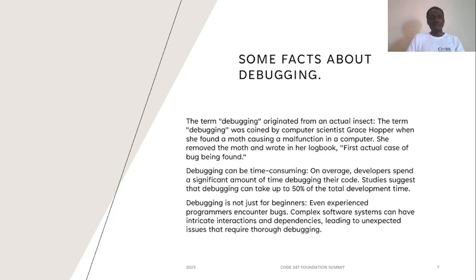Actually, the computer program was written in a book called a logbook. Back then, computer programs were written on paper and then probably punched into a machine using punch cards or something of that nature. You can go read the history about that to learn more, but it's exciting that it started from there. Debugging started with a live bug.